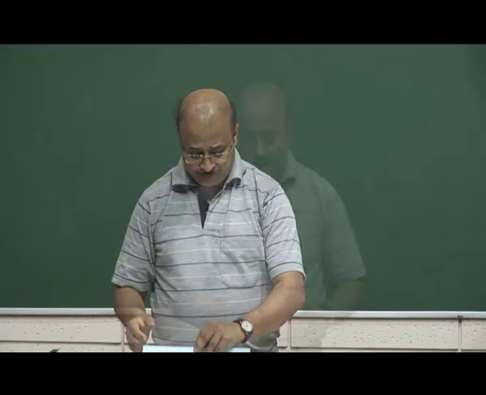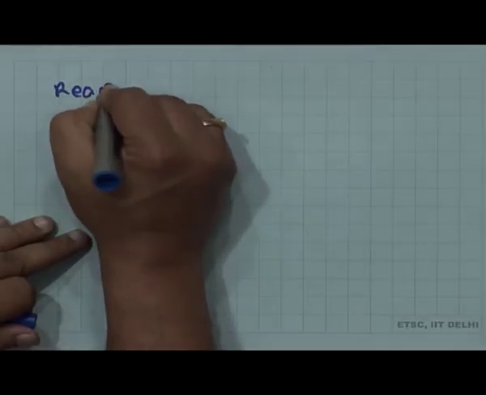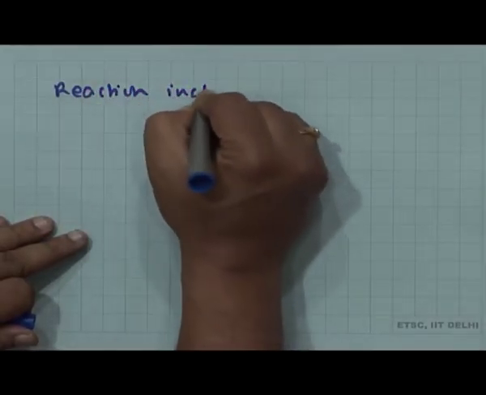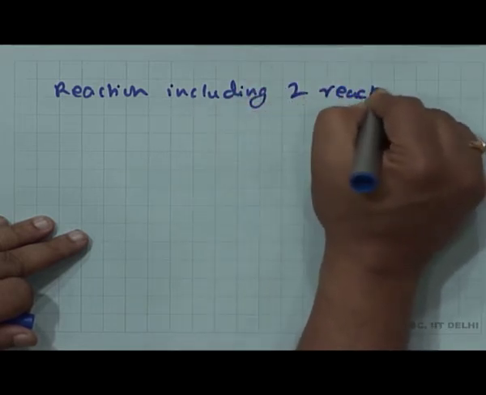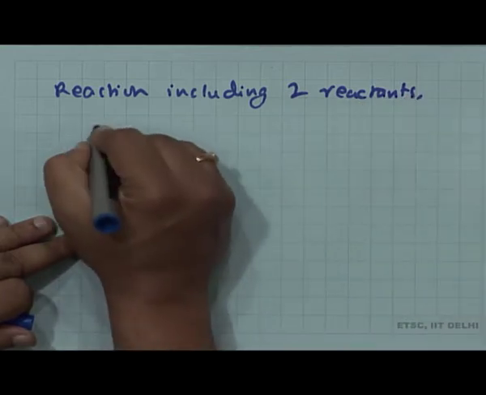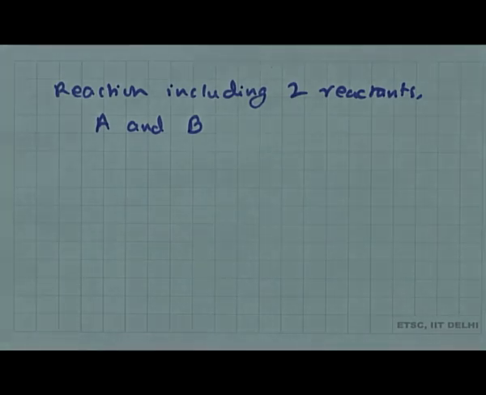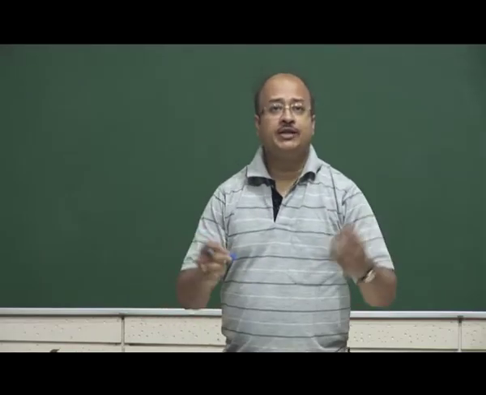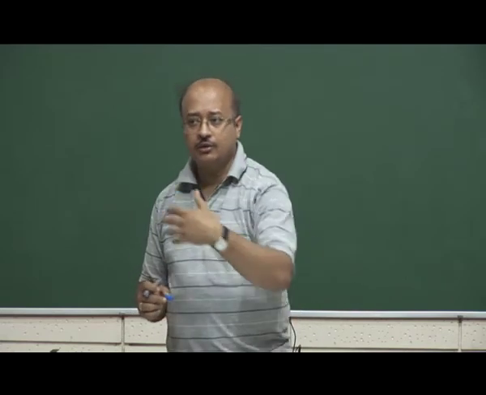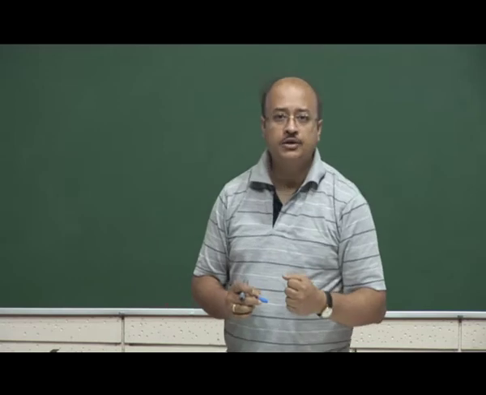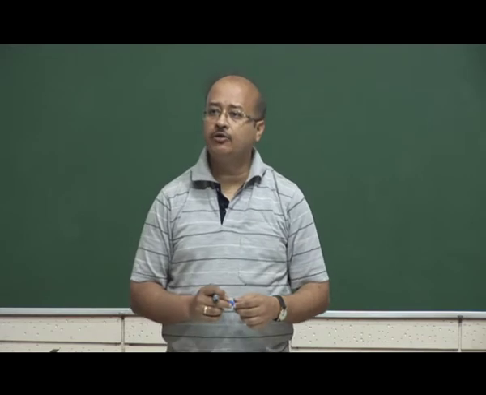Now, suppose I have a reaction including 2 reactants that are A and B. And what I found out was, by doing an experiment, the ways we try to find out the orders, we will discuss those a little bit later after going to the integrated rate laws and all.